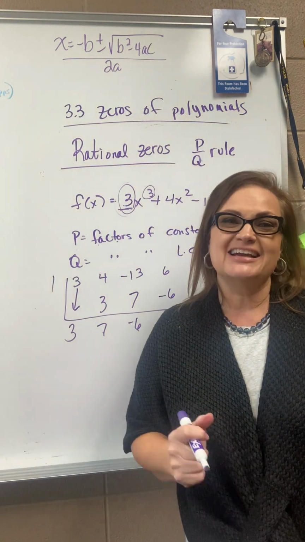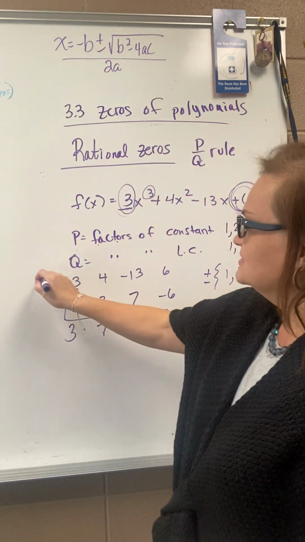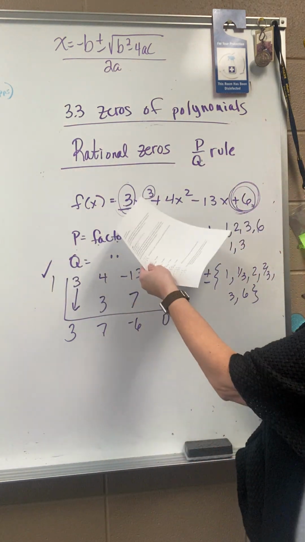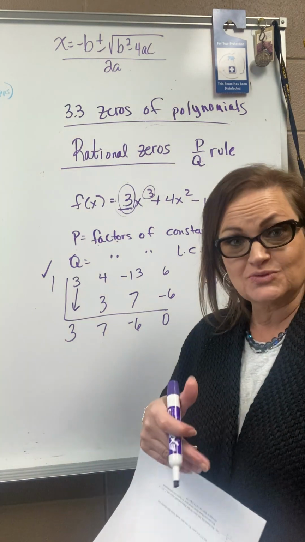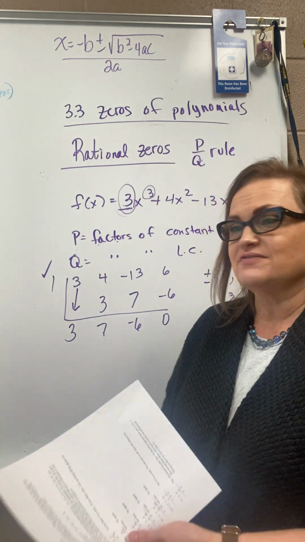And so I found one. That's just great. We found one of the zeros. So 1 is one of its x-intercepts, one of its solutions, and x minus 1 would be one of its factors if we're asked to factor.